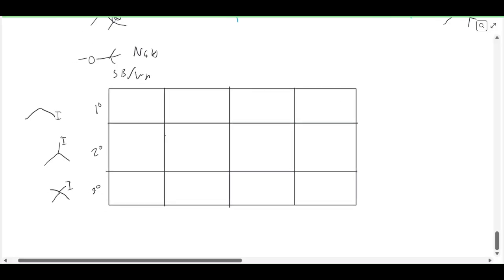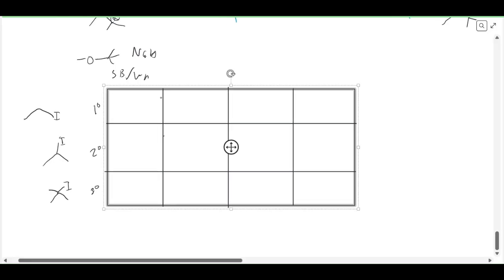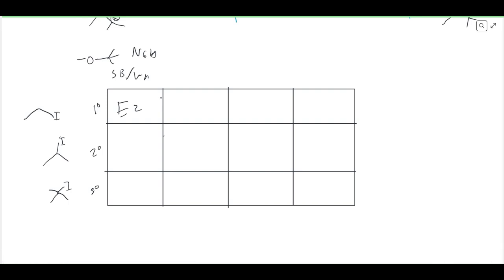And because we have a bulky base in a first degree molecule, this becomes an E2 reaction. Same thing with secondary, it's E2, and tertiary is E2. So just remember, for a strong base and weak nucleophile, in every instance, it's an E2 reaction.